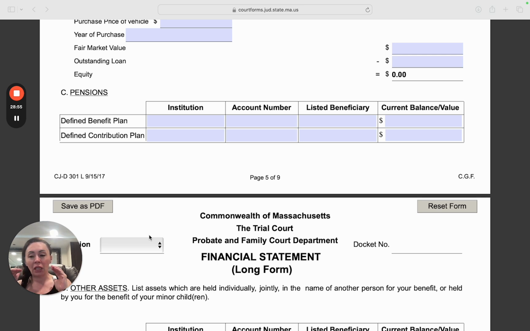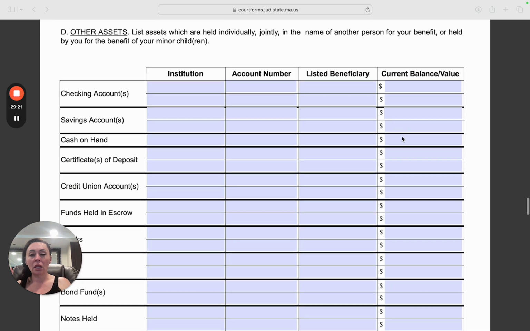So if you have a pension, and you don't know the value and you don't have an actuary to do that, current balance value, put unknown / pending appraisal, because you have to really get someone who knows what they're doing and knows how to value a pension plan to appraise it.